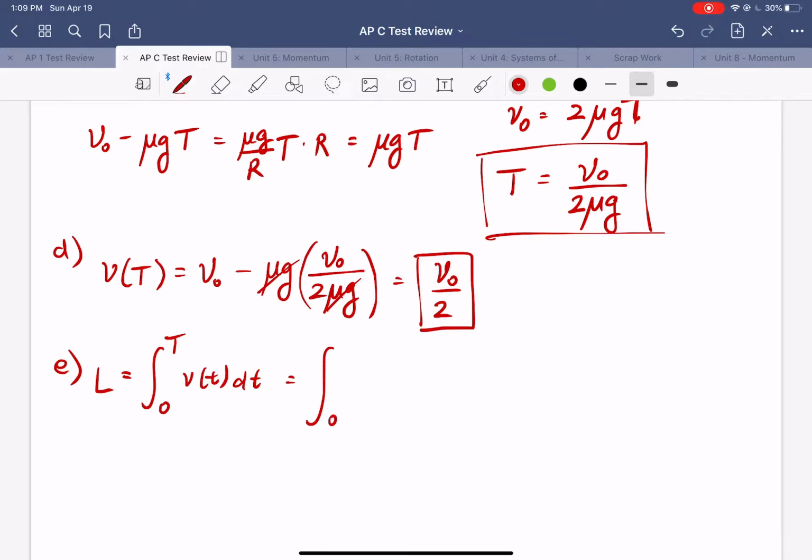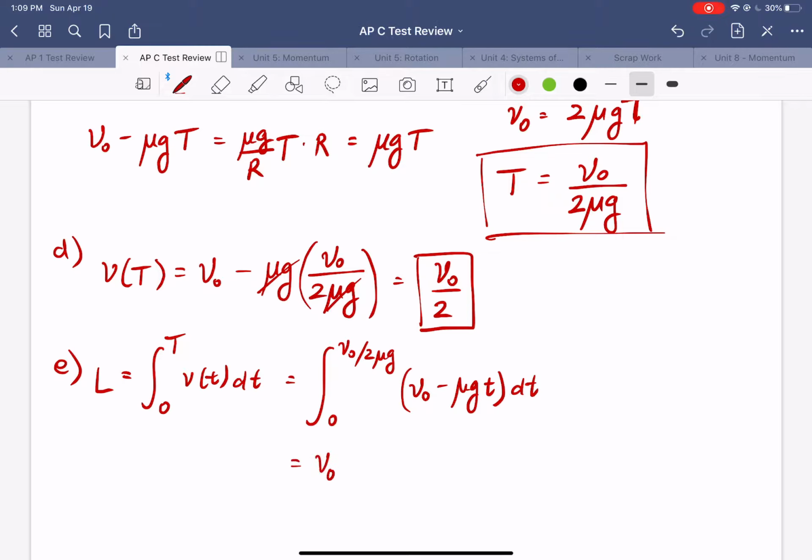So our limits go from 0 to, what was it here, v0 over 2 mu g, and we are integrating the expression v0 minus mu g t dt.